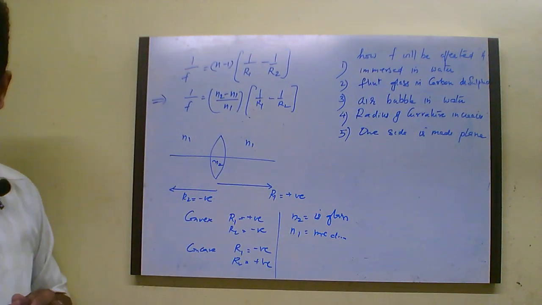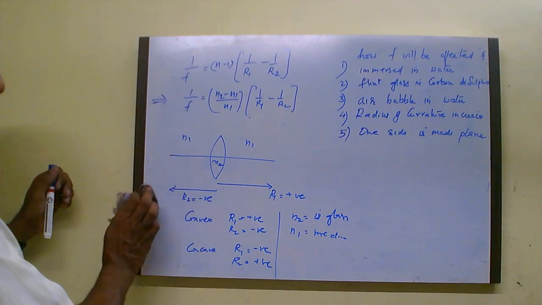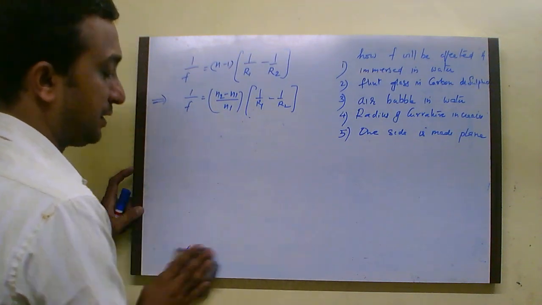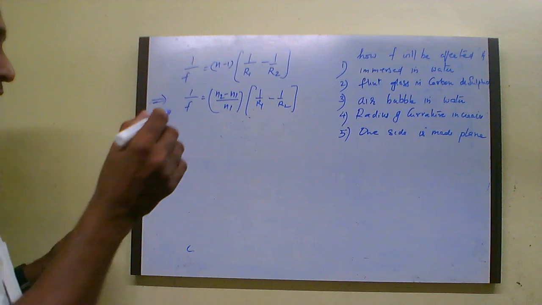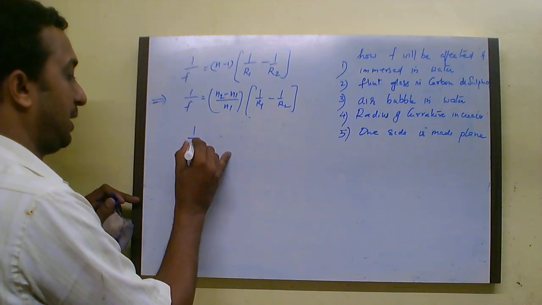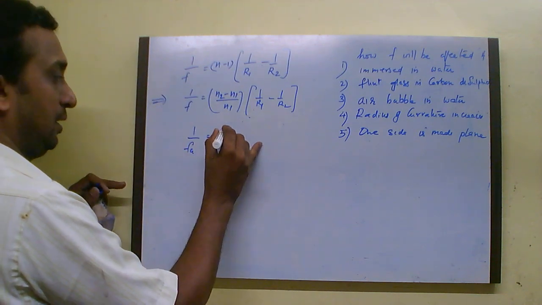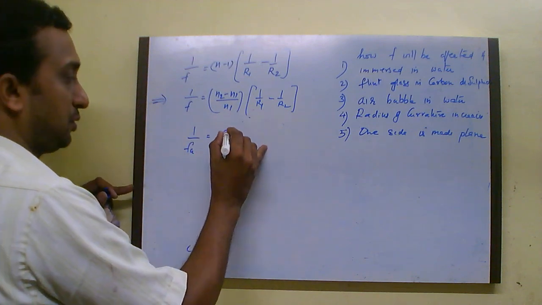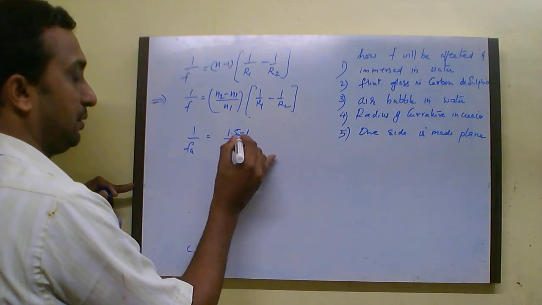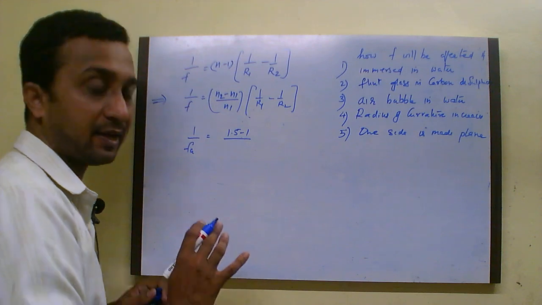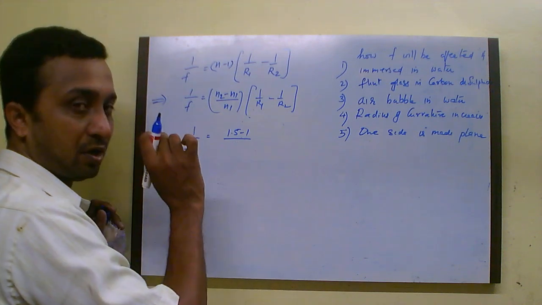So let us see what happens when you immerse a convex lens of a given focal length in water. You have to use this equation. So 1/f in air initially: n2 is that of the glass, so you can have 1.5 minus 1, because the refractive index of air is taken as 1, refractive index of glass is 1.5.